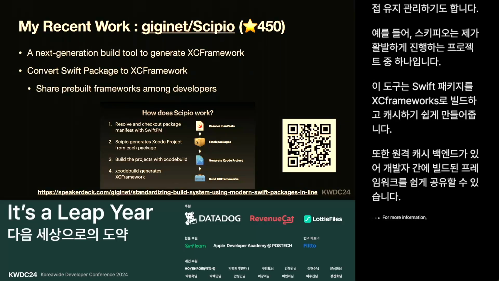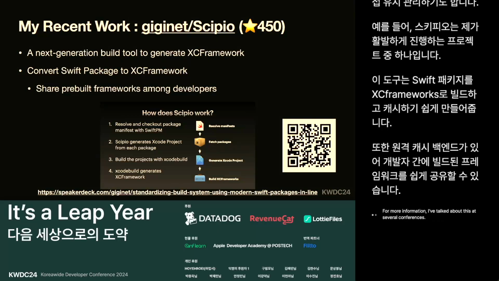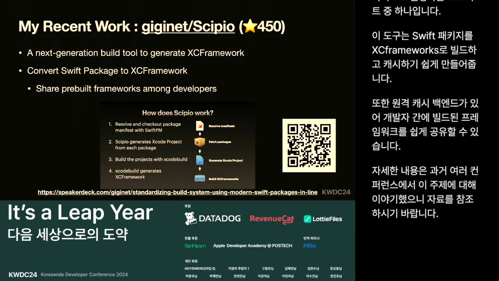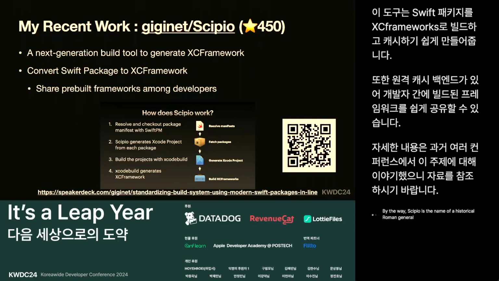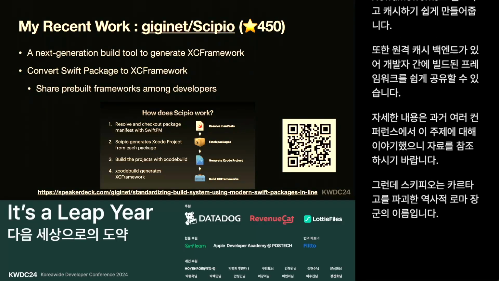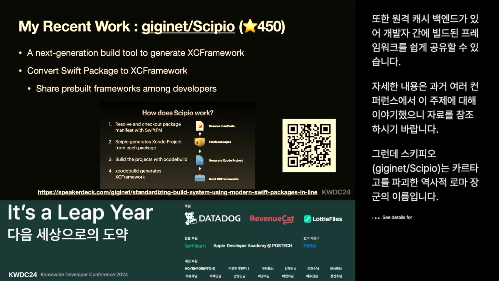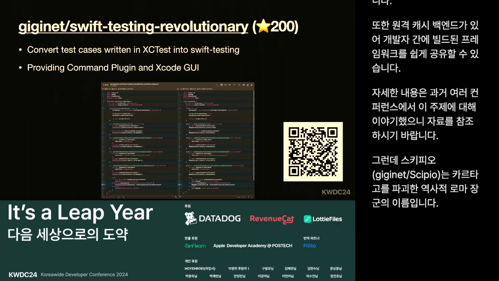For more information, I've talked about this at several conferences in the past, so please refer to the material. By the way, Scipio is the name of a historical Roman general who destroyed Carthage. See details in the history books.